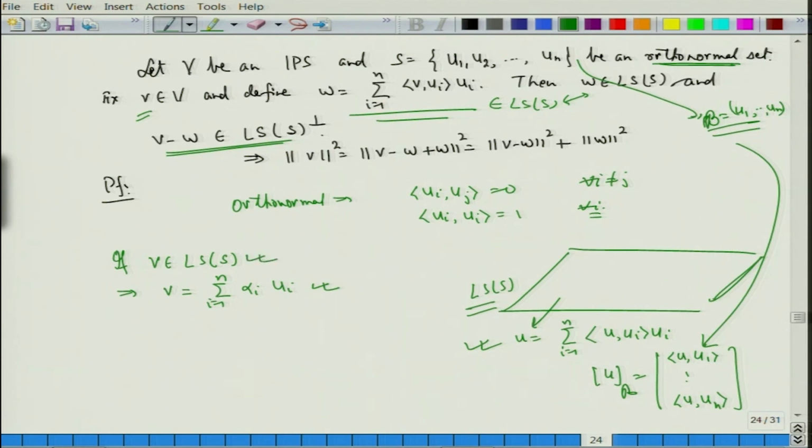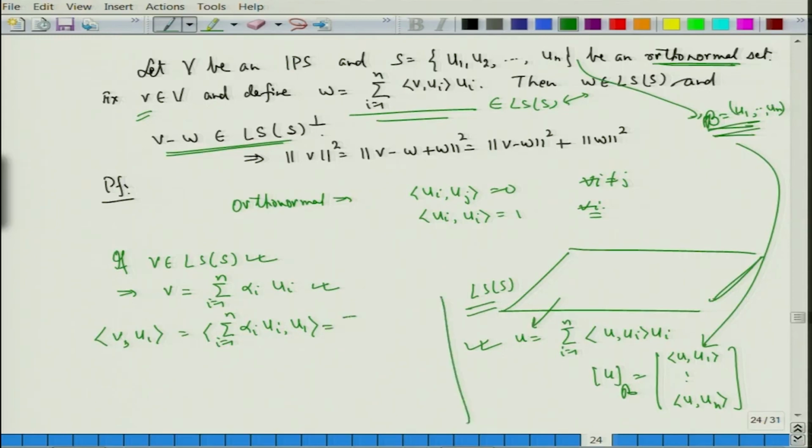And from what we have understood, or what I have written here in terms of B, the ordered basis, if I look at the inner product of v with u1, this gives me the summation i equal to 1 to n of alpha i times the inner product of ui with u1.